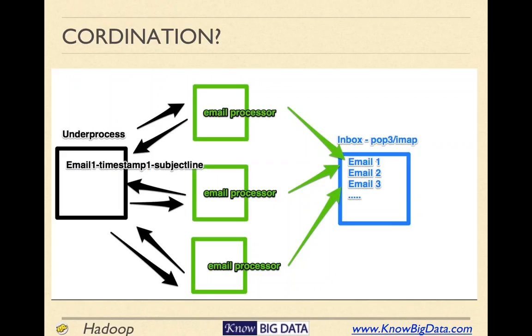Whether it is HBase talking to many region servers, or region servers coordinating amongst each other, or data nodes coordinating amongst themselves, or the primary name node and secondary name node coordinating between themselves, there are many more services that require coordination.